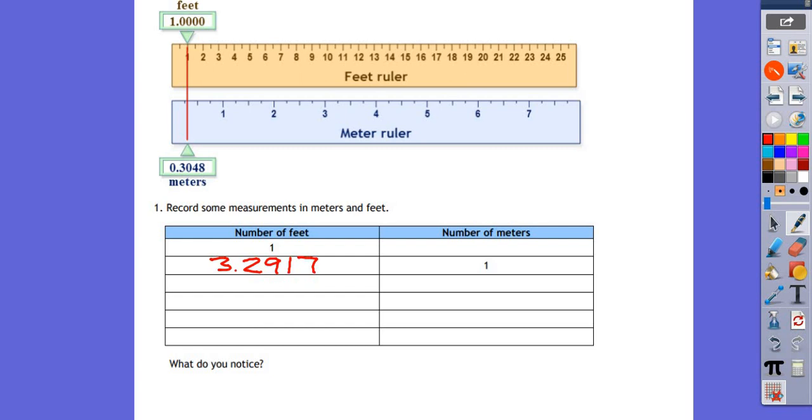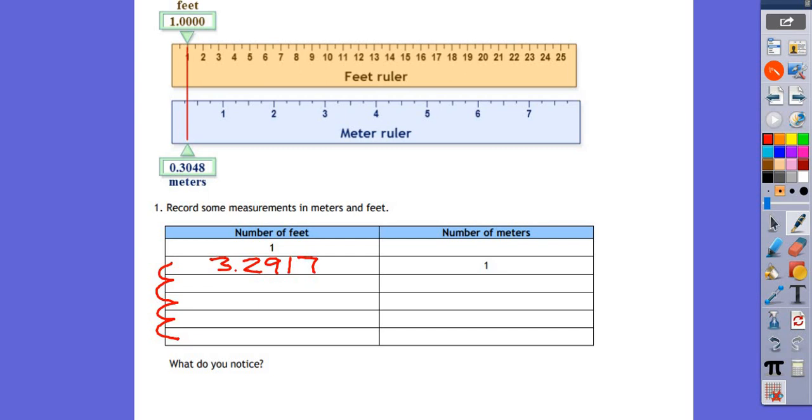Okay, what's happening here is every time it's going up 3.2917. It adds about 3. It doubles this every time to get the next one, right? There was something we learned at the beginning of the year, started with a P, that this table represents.